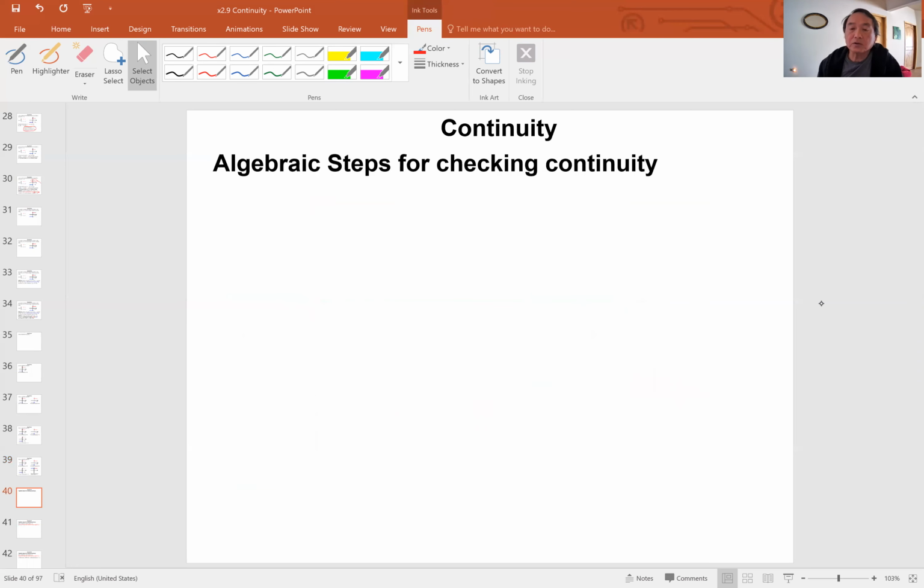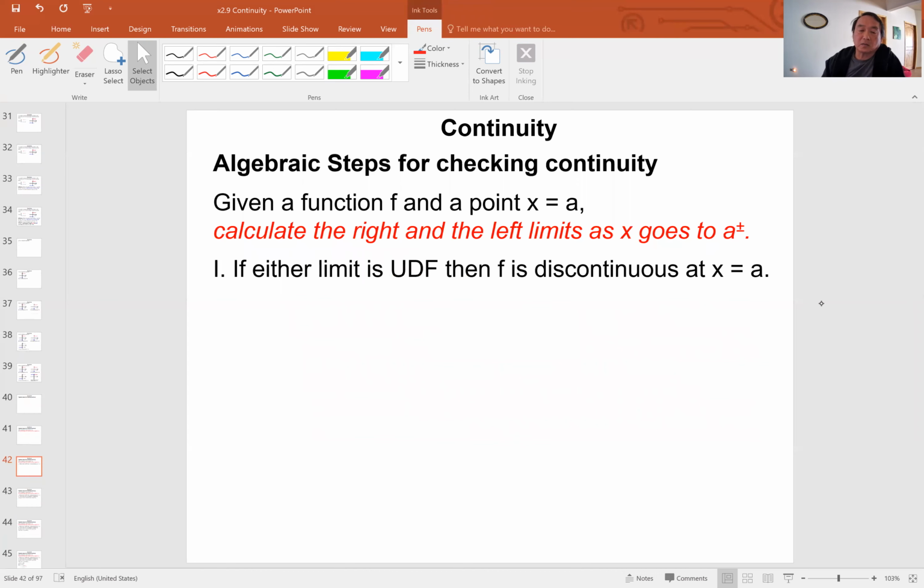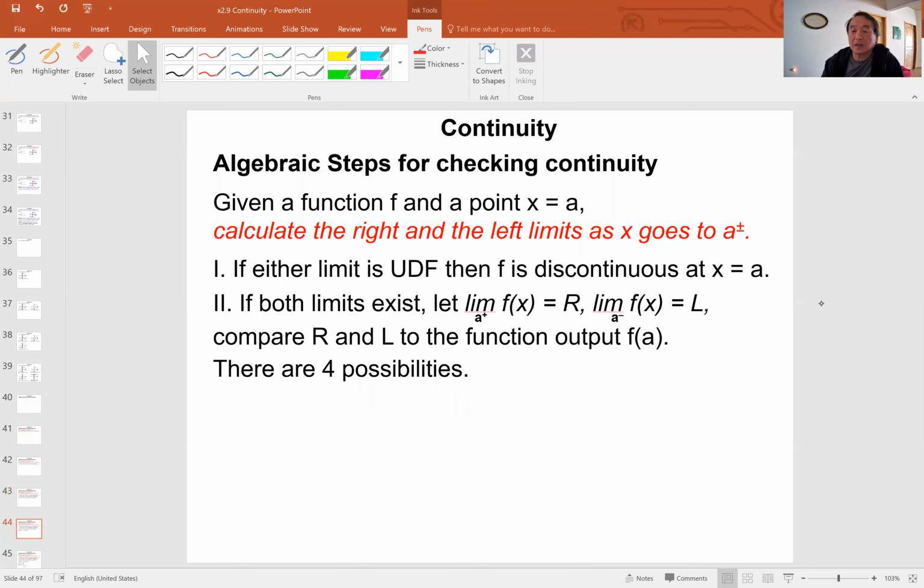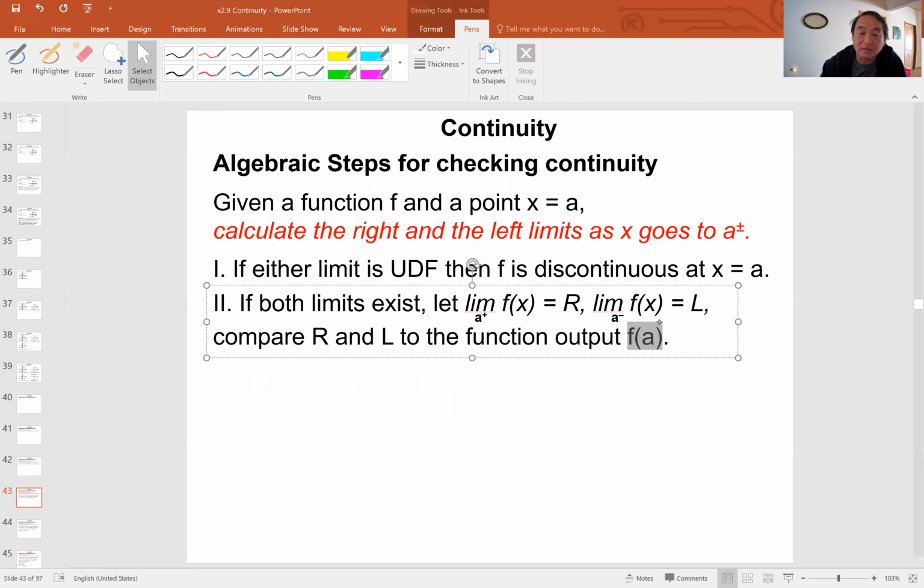Algebraically, to check continuity, we take the left limit and right limit and compare with the function output itself by plugging in the number. If all three, coming from the left, coming from the right, and plugging it in, agree at that point, then we say the function is continuous.